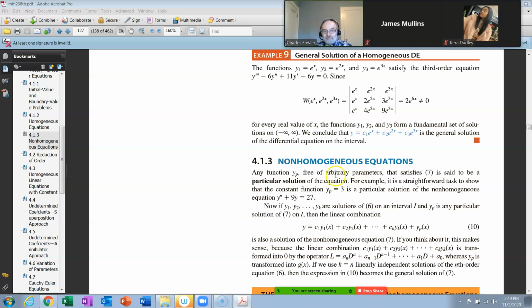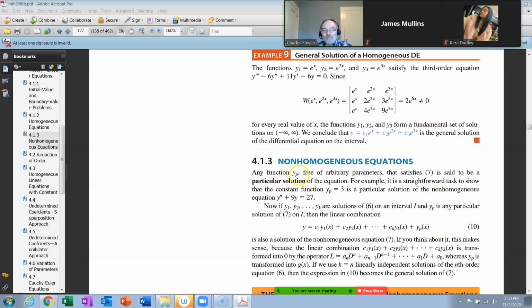Whereas before, a differential equation like this equals 0, that's a homogeneous equation. When this right-hand side is not 0, then we have what we call a non-homogeneous set.